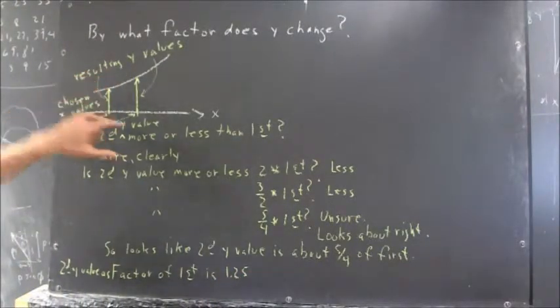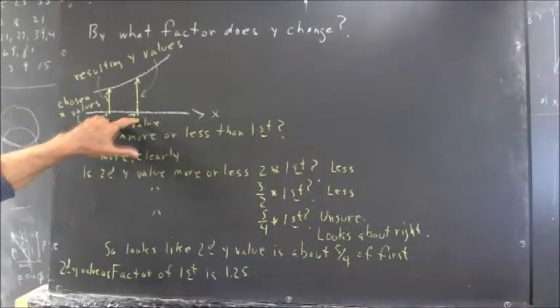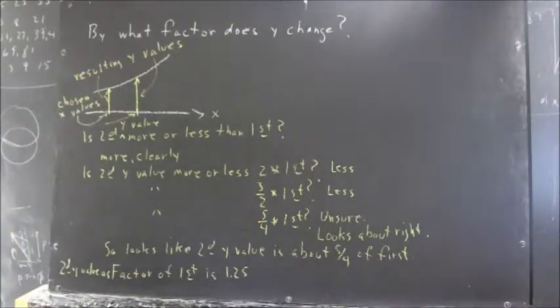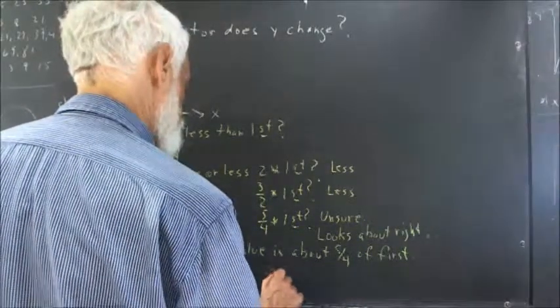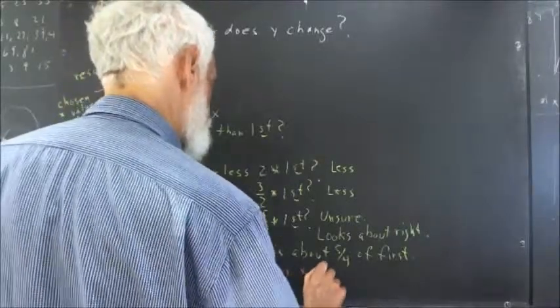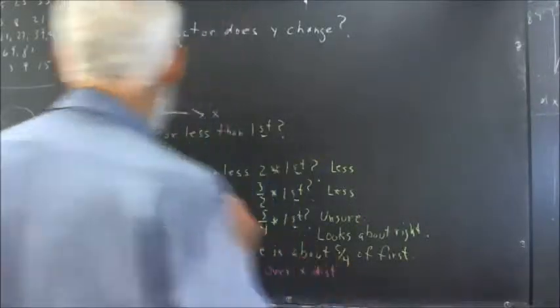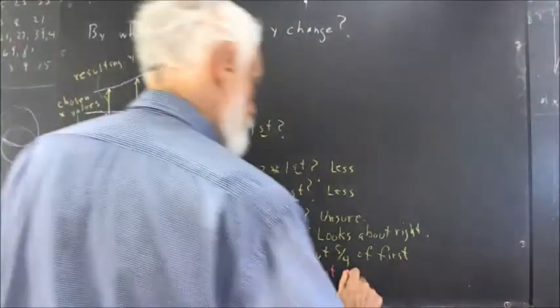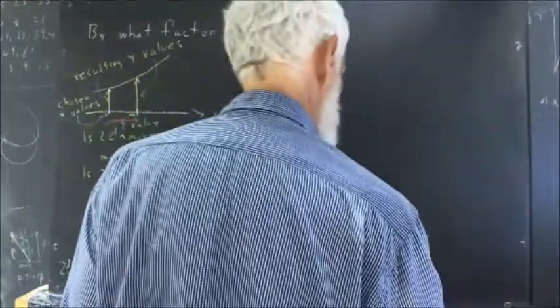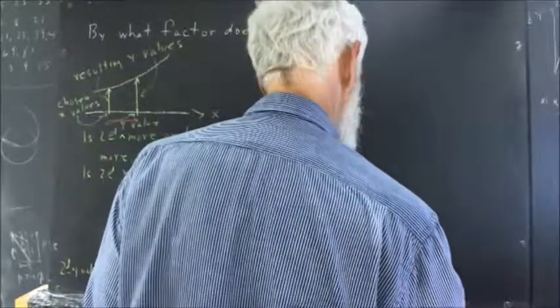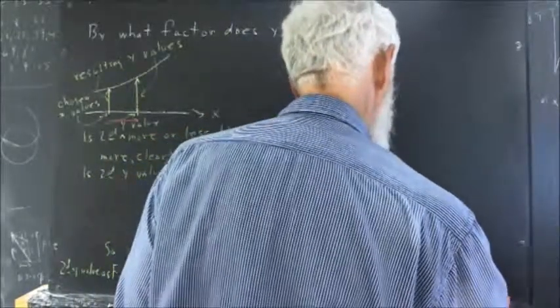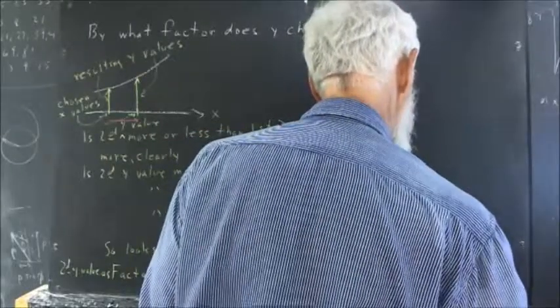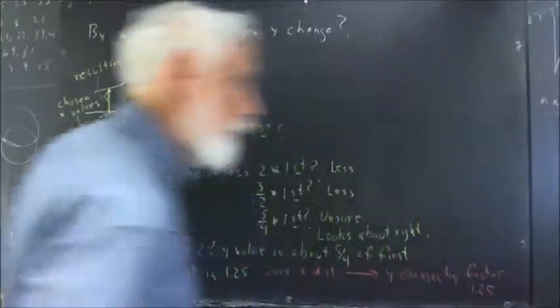So this y value, over this x distance, has grown by a factor of 1.25. So over an x distance, and here's your x distance, represented by this arrow, y changes by a factor of 1.25.